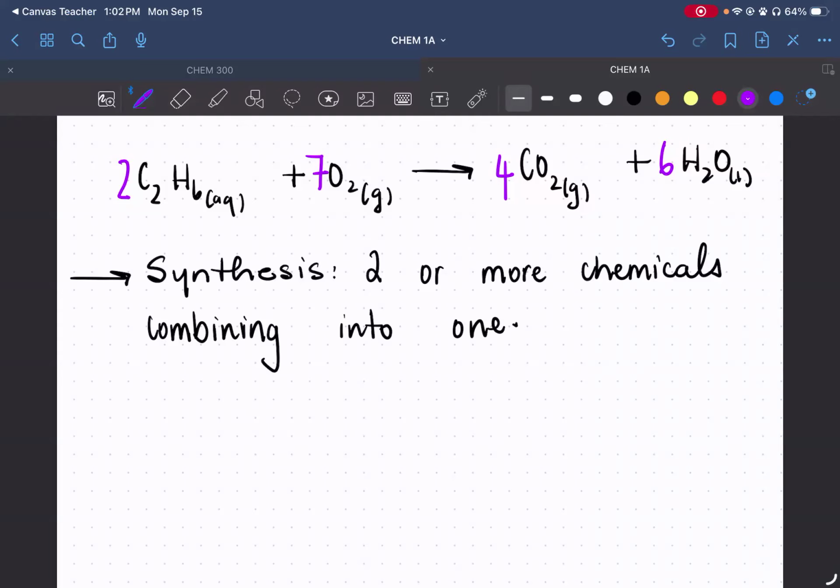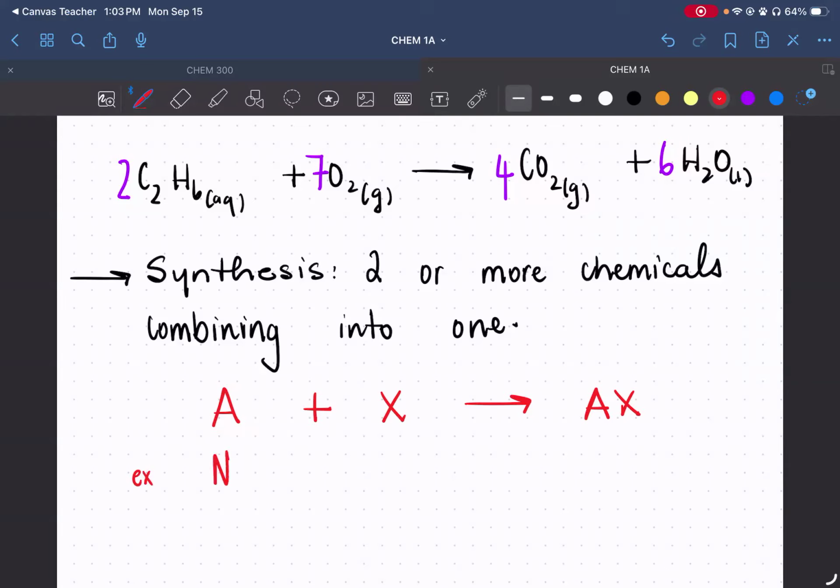This one takes on the generic form A plus X gives us AX. And this is the generic reaction template. 2 or more chemicals combine into one. A and X combine into simply AX.